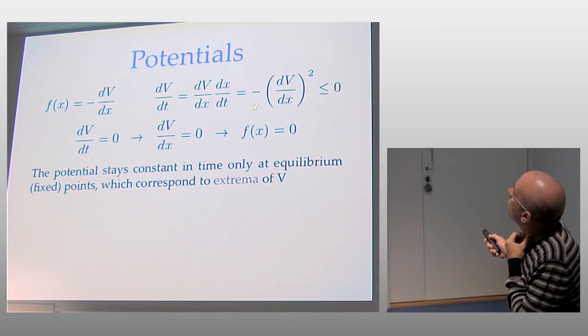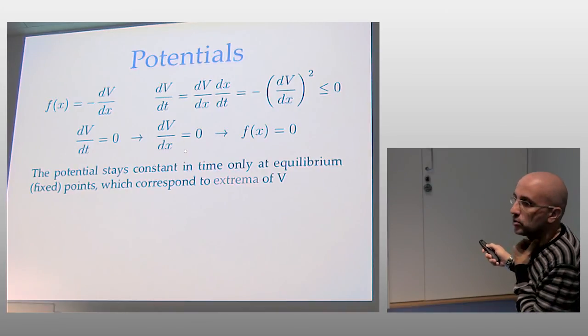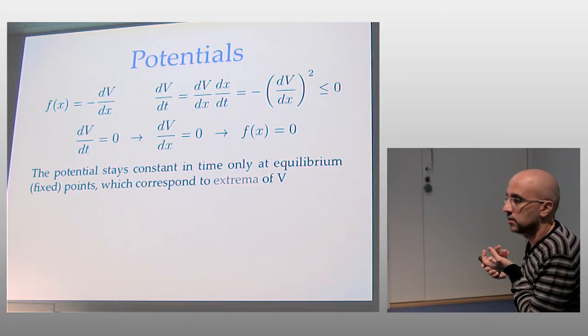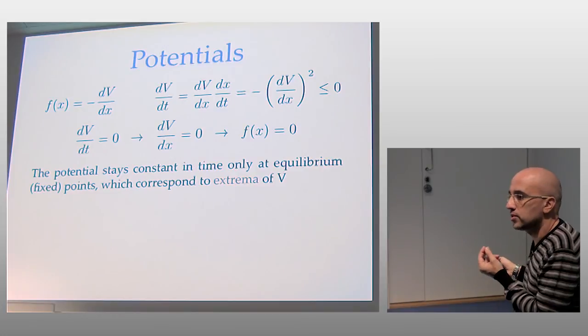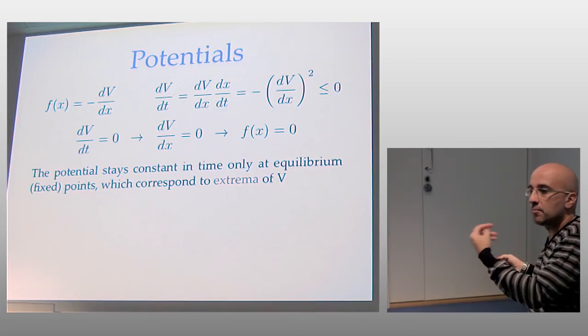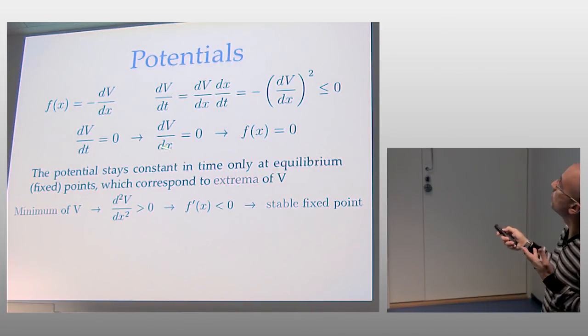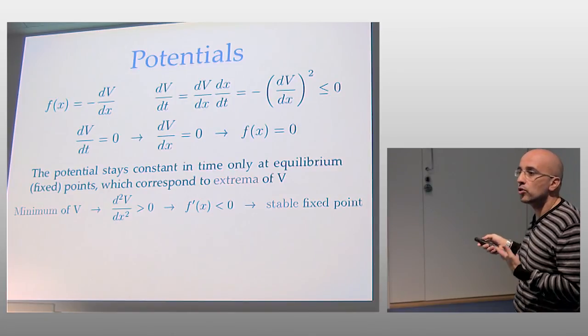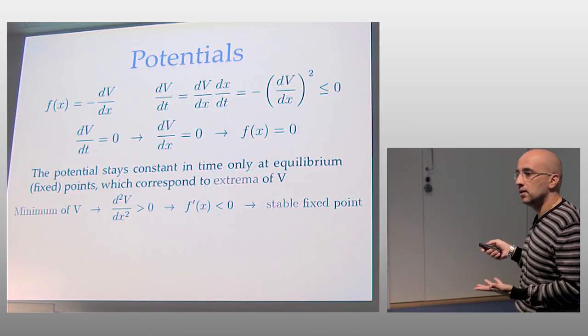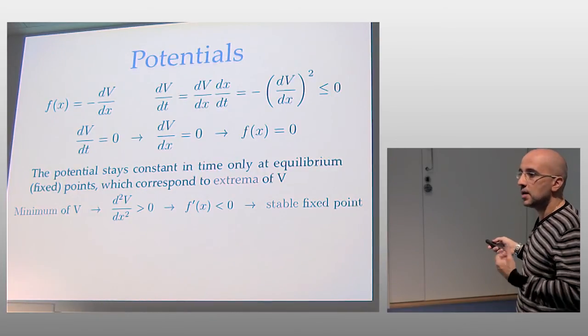So equilibrium points correspond to values where the derivative of the potential is 0. A function whose derivative is 0 is at an extremum, either a maximum or a minimum. So the fixed points of any dynamical system of this kind correspond to extrema in the potential of the system, either maxima or minima.